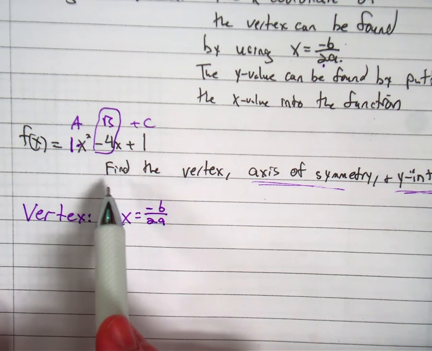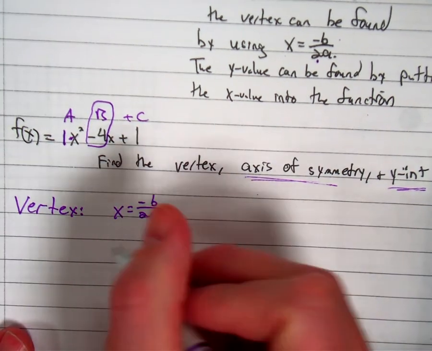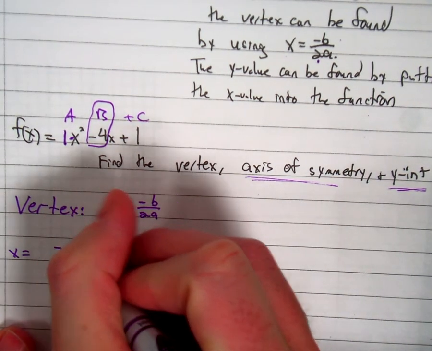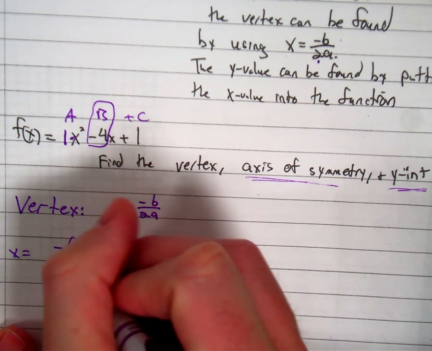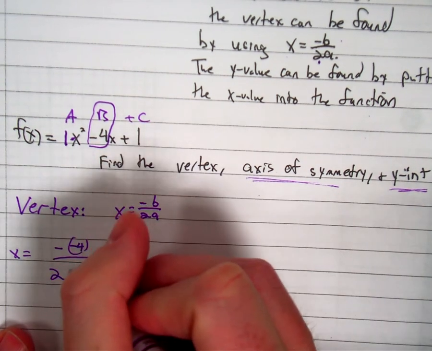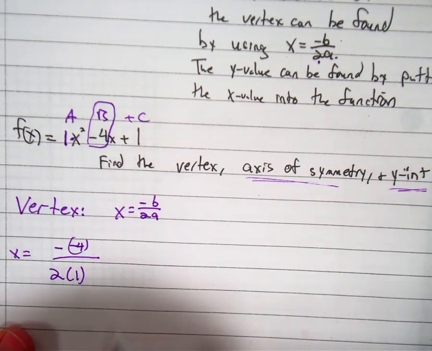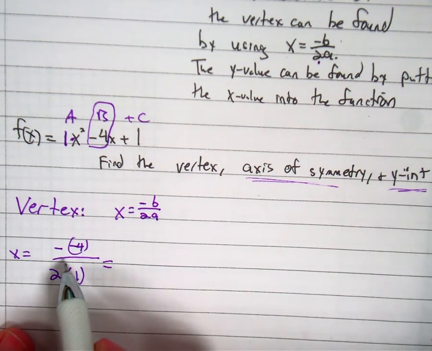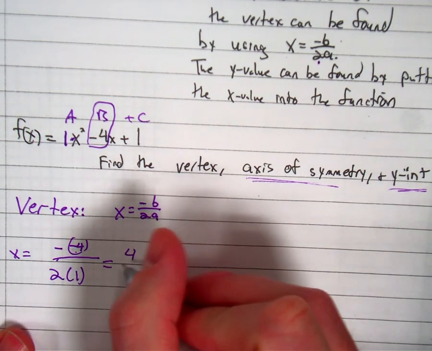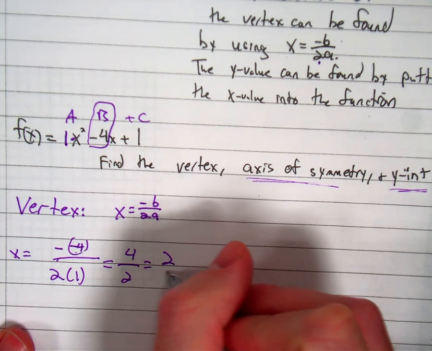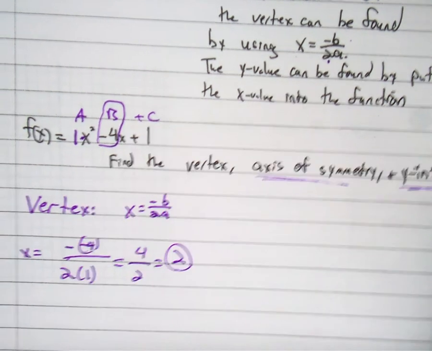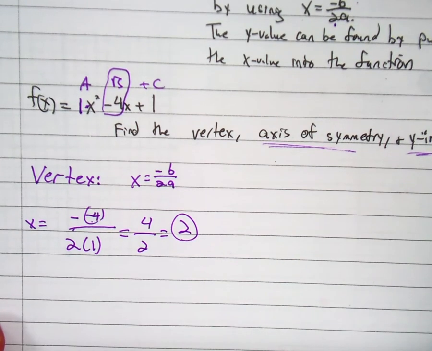If the b is already negative, when I put it in here, negative of negative 4 is going to end up being positive 4, over 2 times 1. Positive 4 over 2. Our x-coordinate of the vertex is 2.